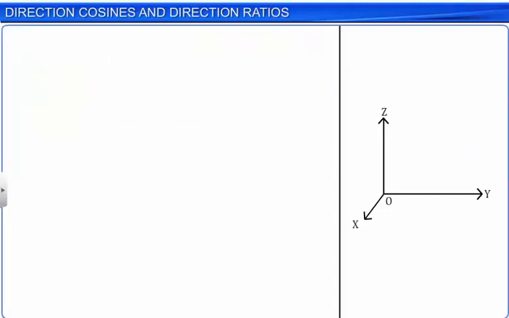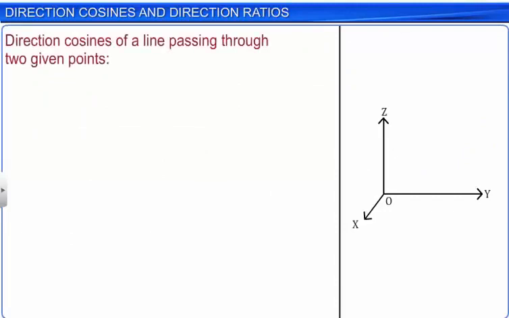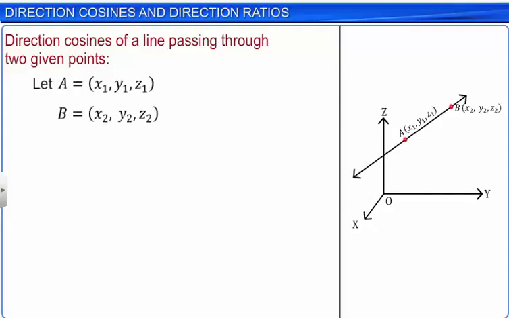Now, we will derive a formula to find the direction cosines of a line passing through two given points. Consider a line passing through two given points A and B as shown here. Let us find the direction cosines of this line. Draw a line passing through the origin and parallel to the line passing through the given points A and B. Let alpha, beta, and gamma be the angles made by the line passing through the origin with the positive direction of the x, y, and z axes as shown.